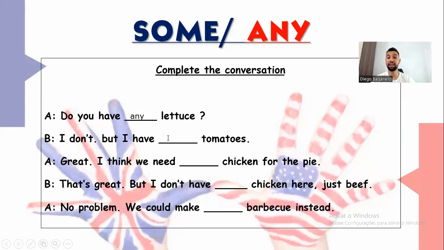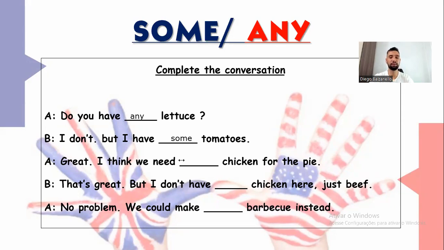Remember that any we use for interrogative. I don't, but I have any or some? Some. I have some tomatoes. Great. I think we need some or any.